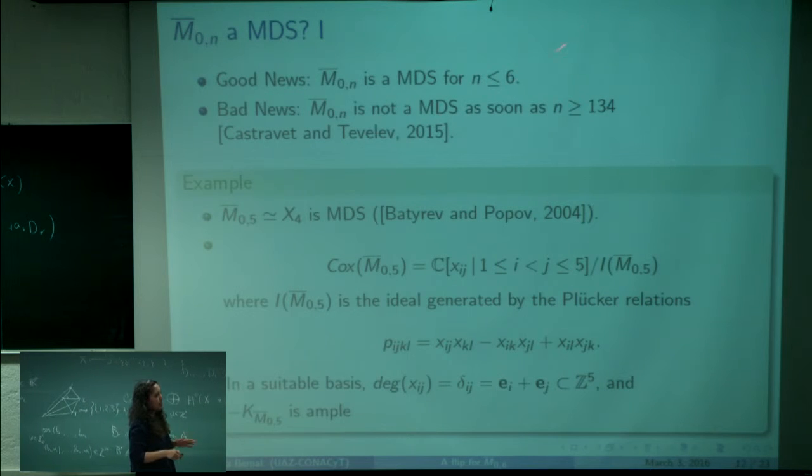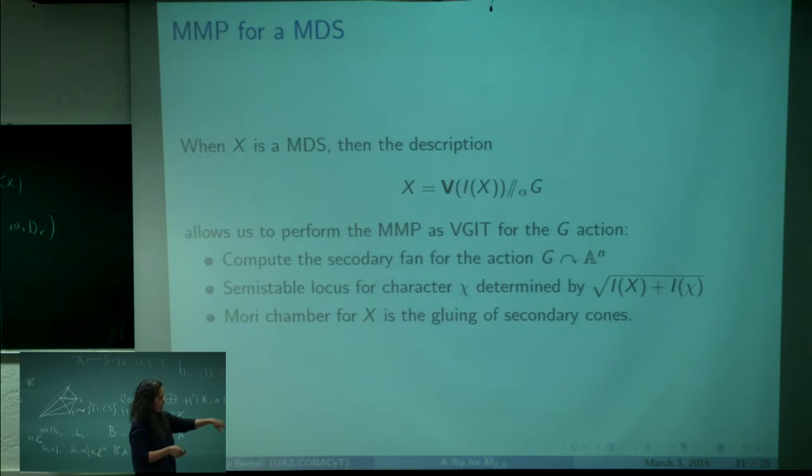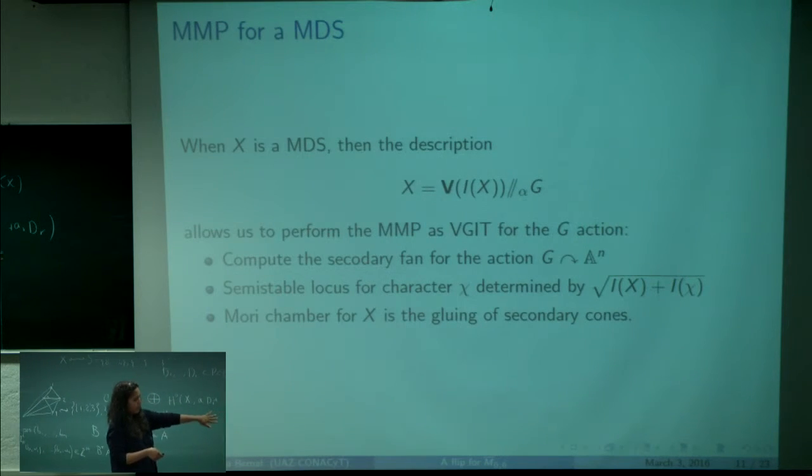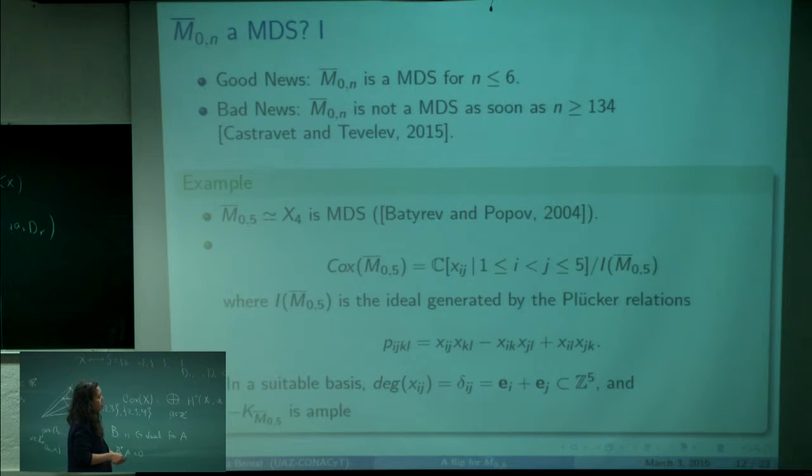So we have this window between 7 and 12 where it may be a Mori dream space, but nonetheless we have two fine examples where we can try this sort of algorithm I provided here for computing Mori chambers of the moduli space.